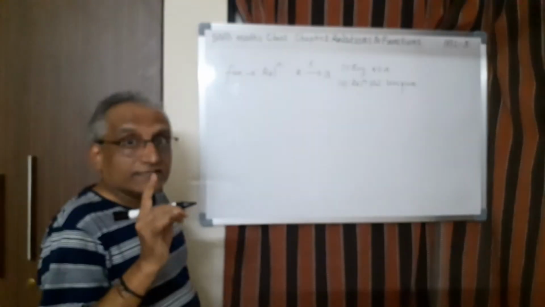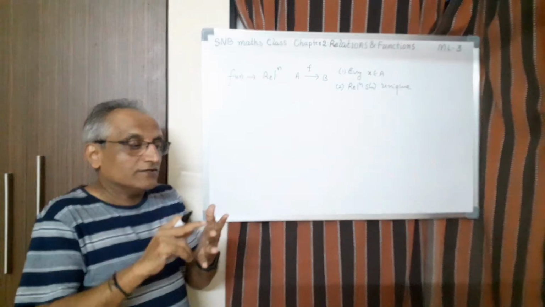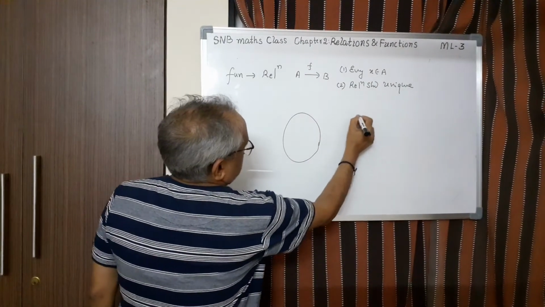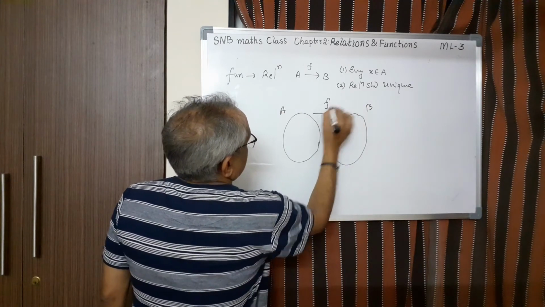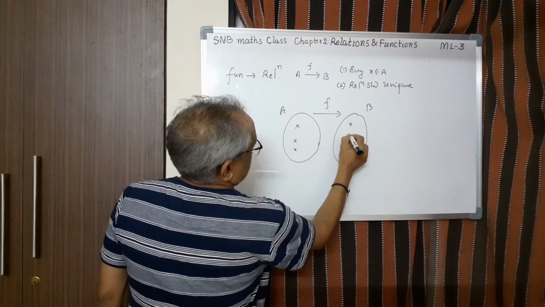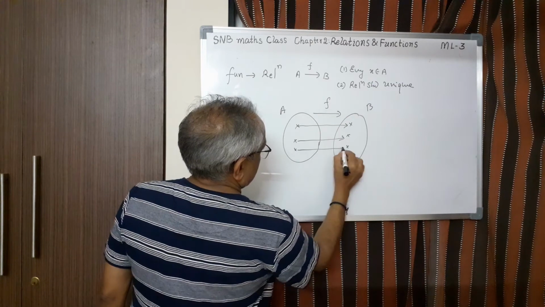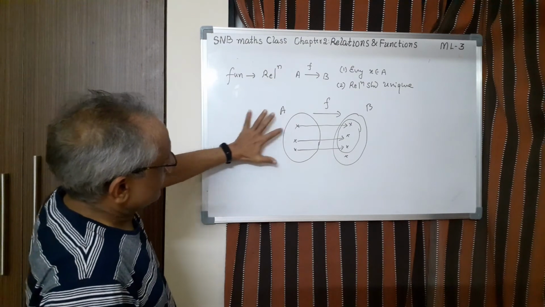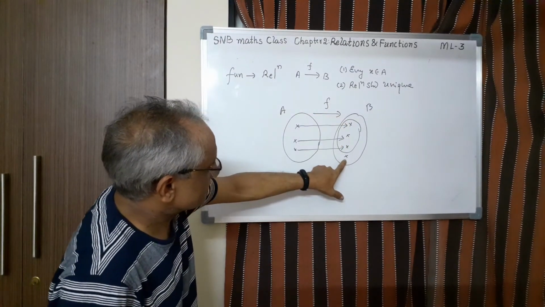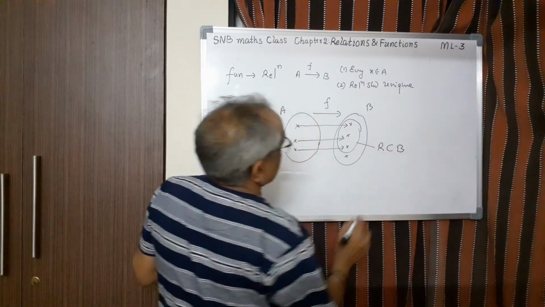Then the next one: we defined 5 terms: pre-image, image, domain, codomain and range. Diagrammatically we can represent it like this. This is the first set A, this is set B, then this is f. Suppose these are the elements and these are the images, then this is the range, this is the domain, pre-images, images, this is left out, and range R is a subset of B. This you have to remember.